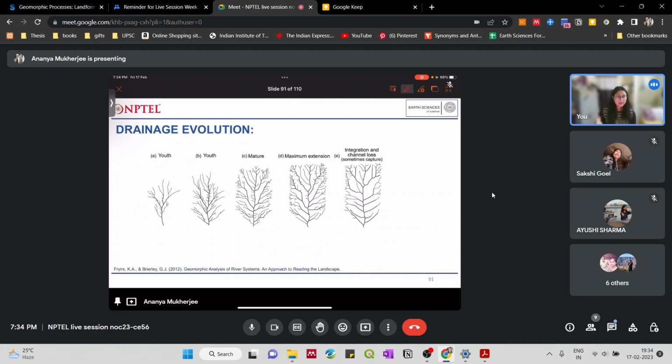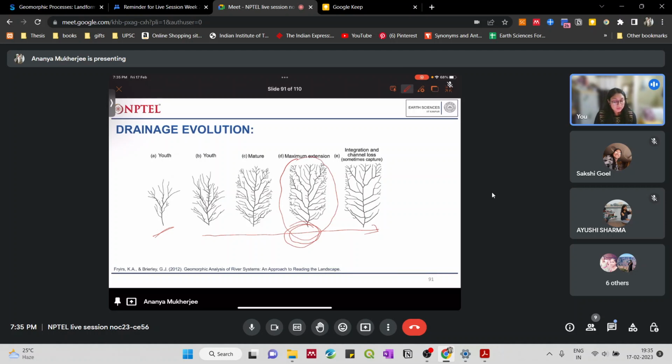As I just explained, this is how the drainage evolution would take place. At the youth stage you will have a lower density, and then the drainage density increases, and over here is the maximum extension, where your drainage density is probably the maximum.